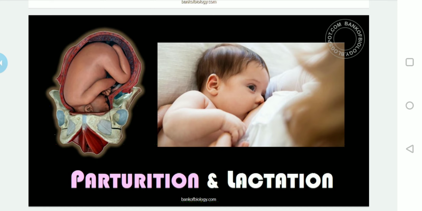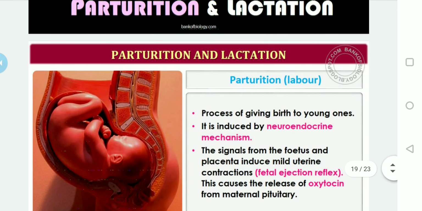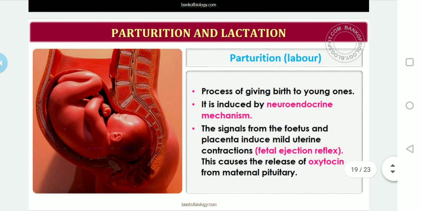What is the meaning of parturition? Parturition is also known as, generally we use the terminology, labor. I told you in the beginning also, the average duration of human pregnancy is about 9 months, which is called gestation period. Then the process of giving birth to the young ones is nothing but viviparity.